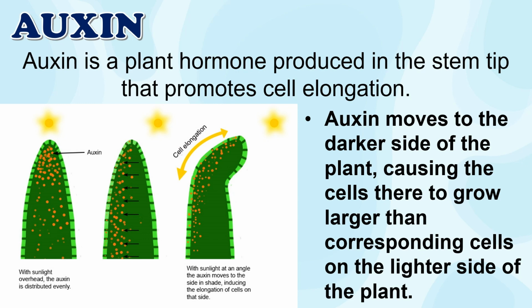As you can see po, dun sa second part, yun nasa gitna, the cells on the darker side grow larger than corresponding cells on the lighter side of the plant. So yun nga po, because of that, nag-grow po yung ating parts ng plant o yung ating stem tip mismo.